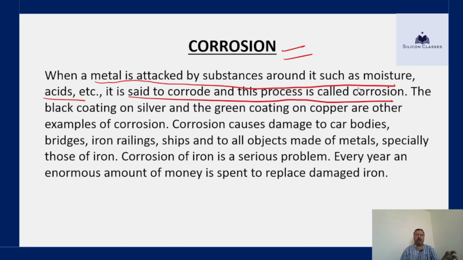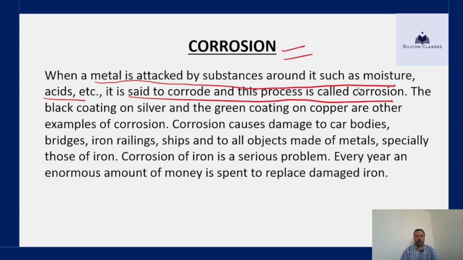So if any metal is oxidized in the presence of moisture in the environment, it will be converted to its corresponding oxide. So the properties will be changed, and it is called the metal is corroded.